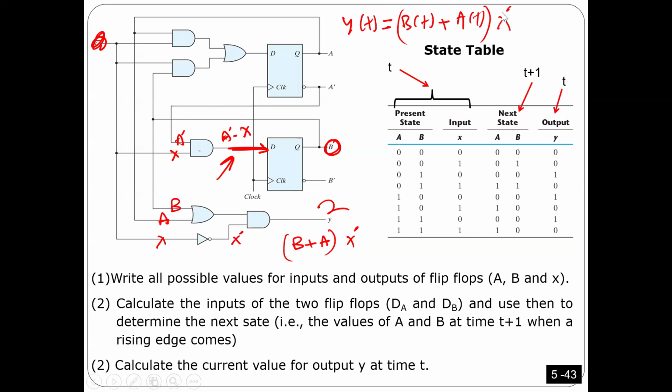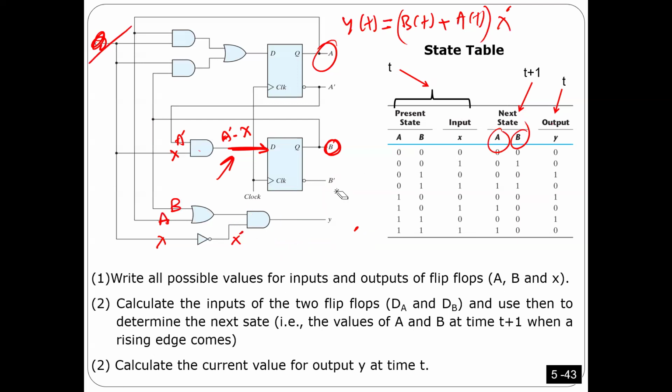Anyway, this is not going to impact anything, but I just want you to understand: in case of Y, I'm going to use T, but in case of A and B, I'm going to use T plus 1, because this needs a clock to change the output. But this one can change immediately. Once the input changes, this one is going to change immediately.